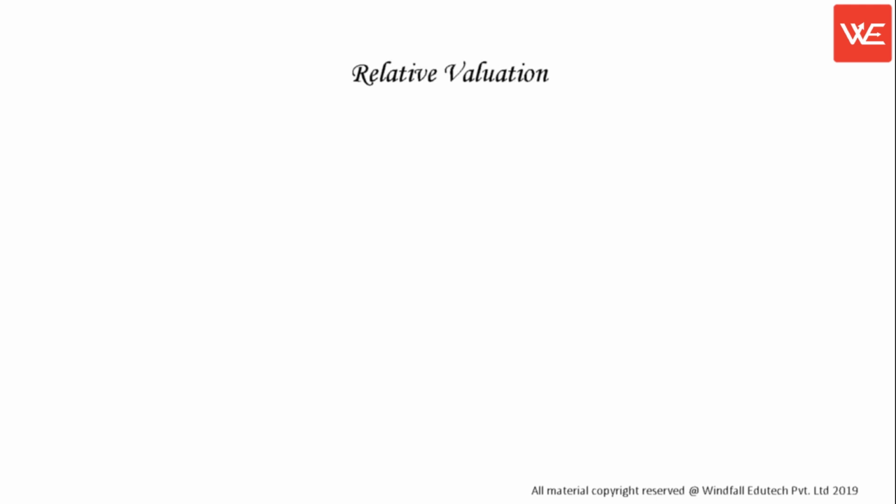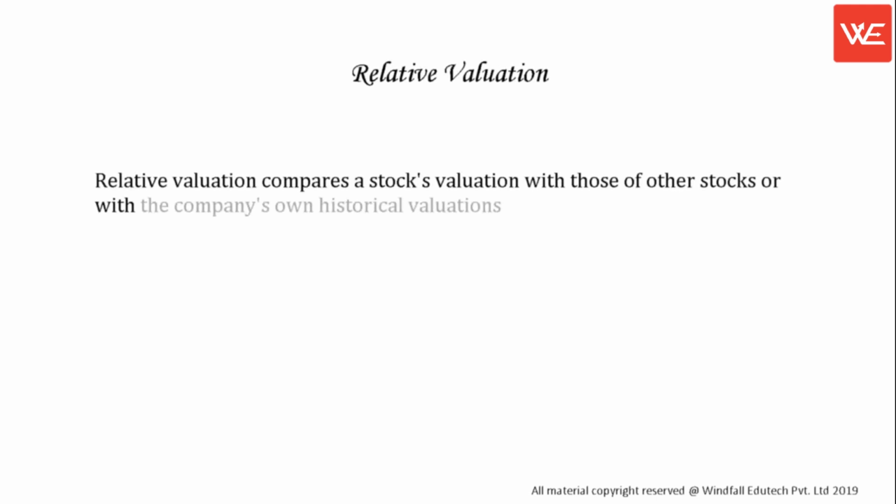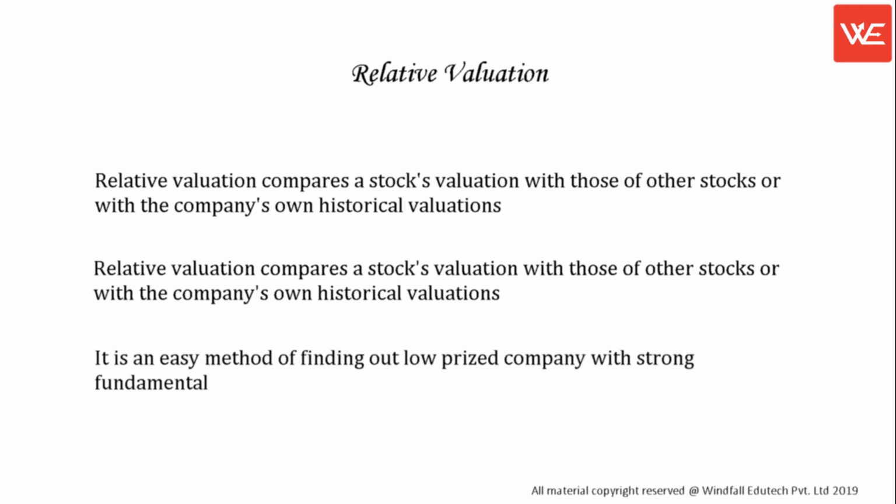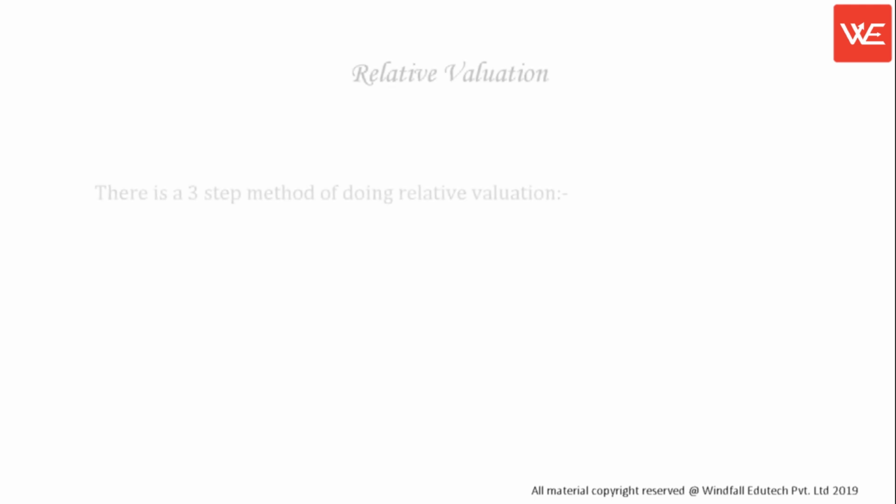Relative valuation. Relative valuation compares a stock's valuation with those of other stocks, or with the company's own historical valuations. It is an easy method of finding a low-priced company with strong fundamentals. There is a three-step method of doing relative valuation.